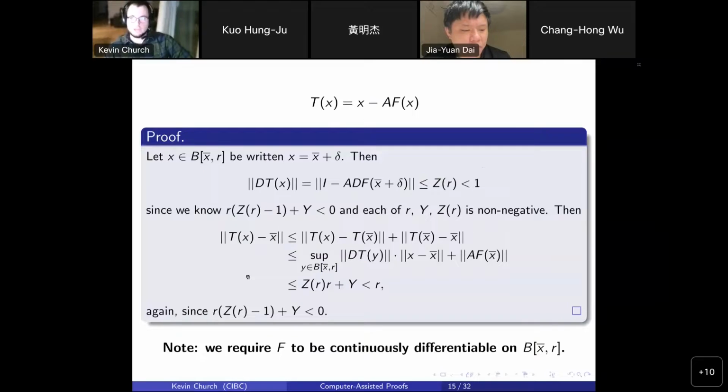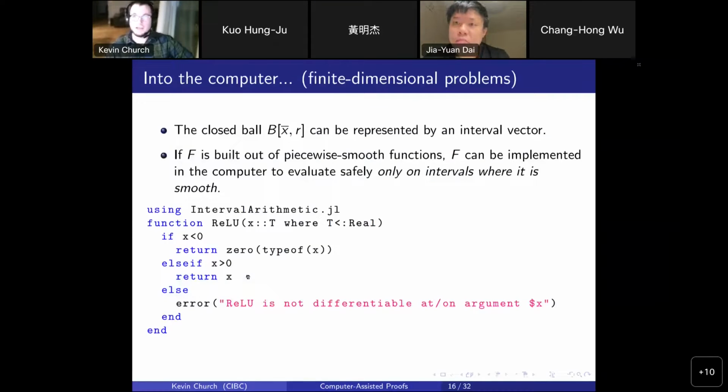Okay, so if we go into the computer now and talk about my horrible neural network problem from before, how do we actually do this in a computer? For a problem like mine, where my function is piecewise smooth, there's a difference between having a nonlinear function and having it implemented in the computer in a special way.